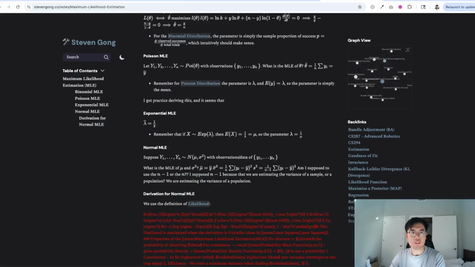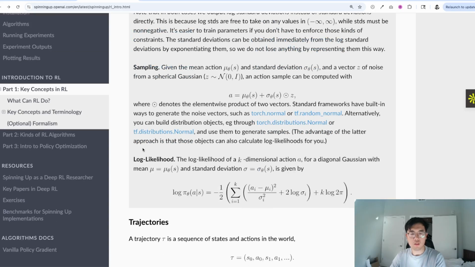And then the log likelihood is essentially you take the log of your likelihood.